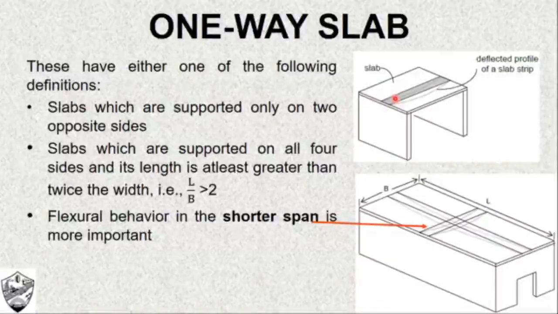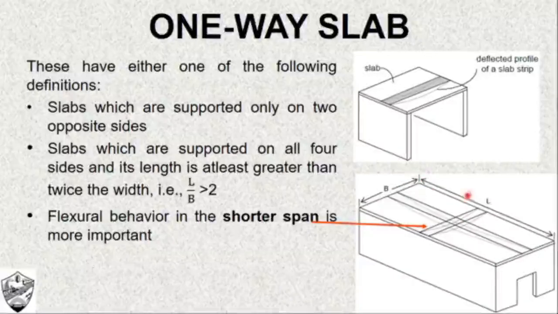You can call other types of slabs such as these slabs as one-way slabs also. And what is the situation? These slabs which are supported on all the four sides can also be called one-way slabs, because the length of this slab is very much greater than the breadth of this slab. So the slab is supported on all the four sides and you have a longer span as well as a shorter span.